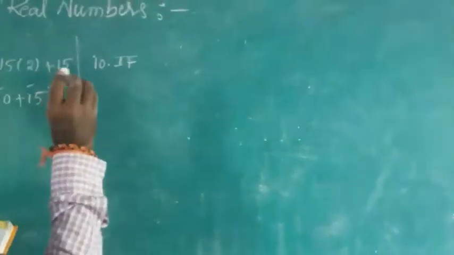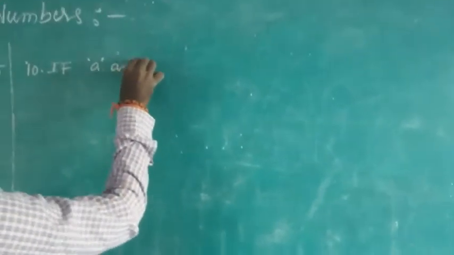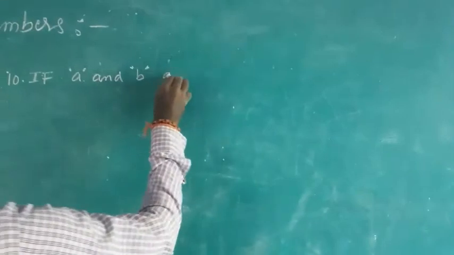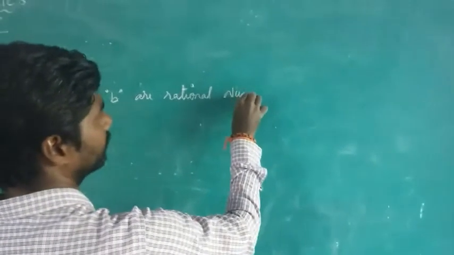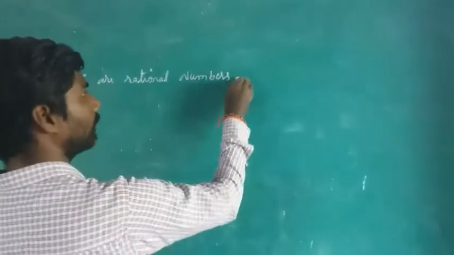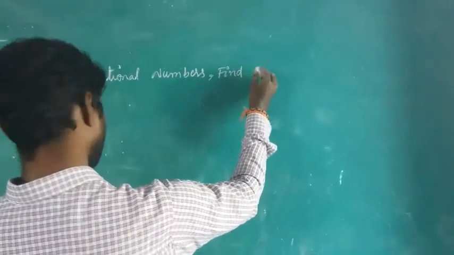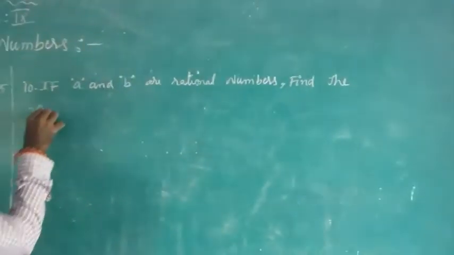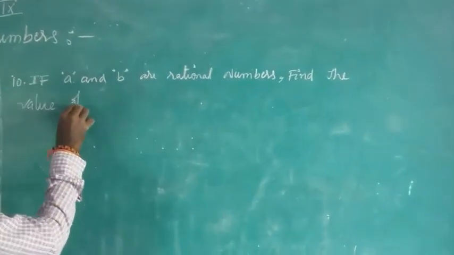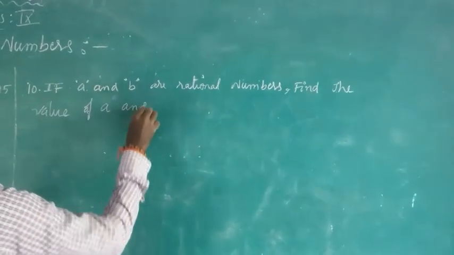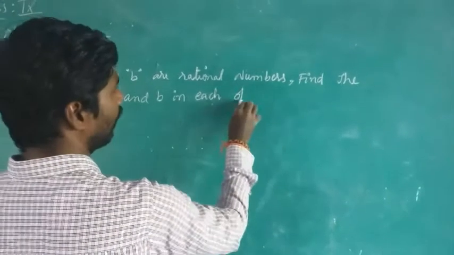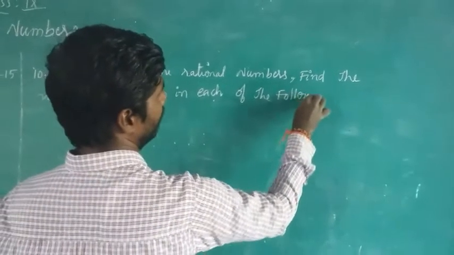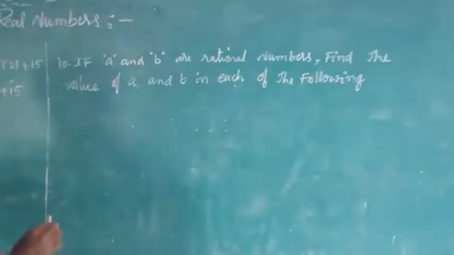The 10th problem. What is the 10th problem? If small a and small b are rational numbers, find the value of small a and small b in each of the following equations.